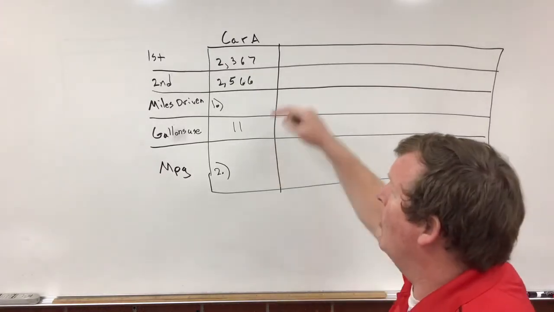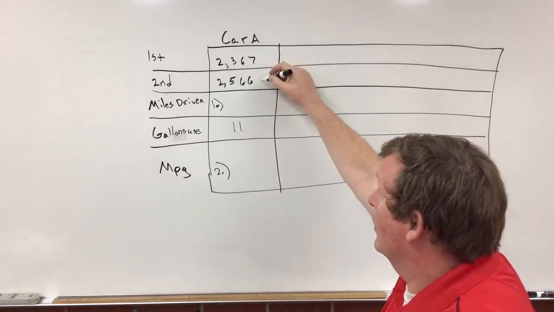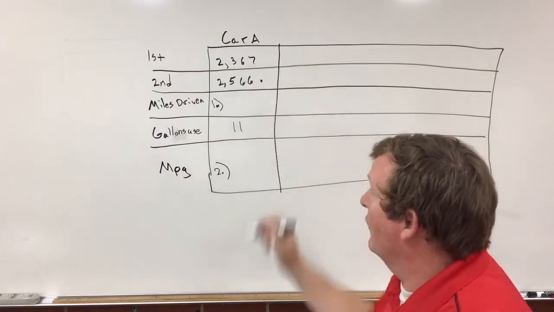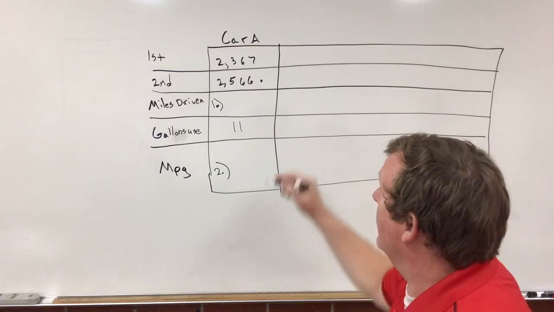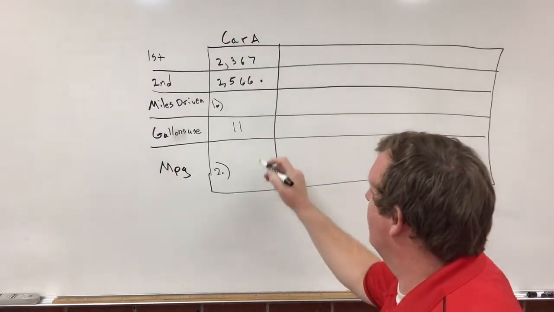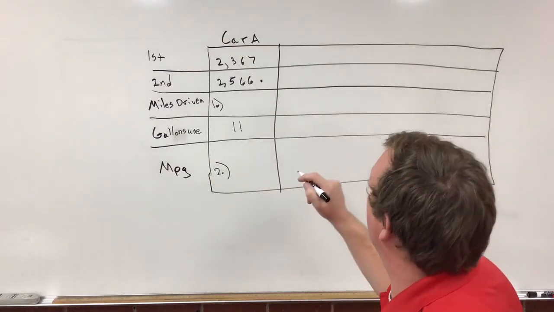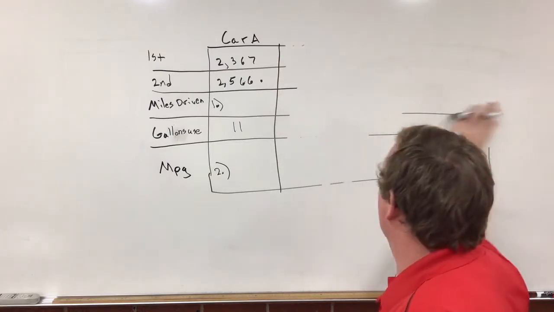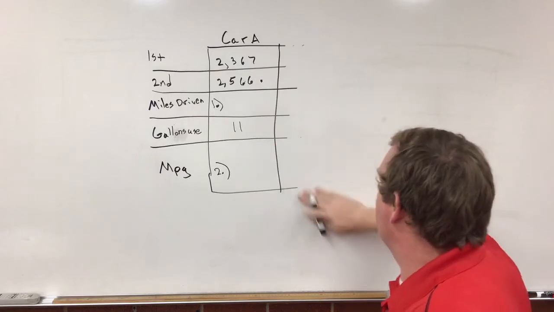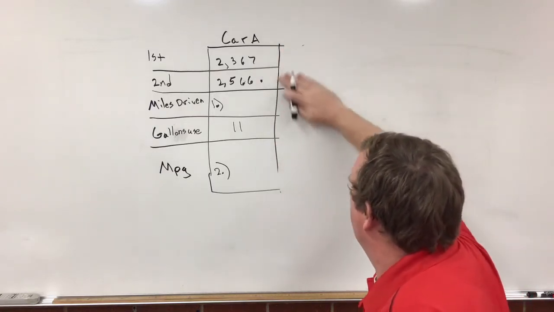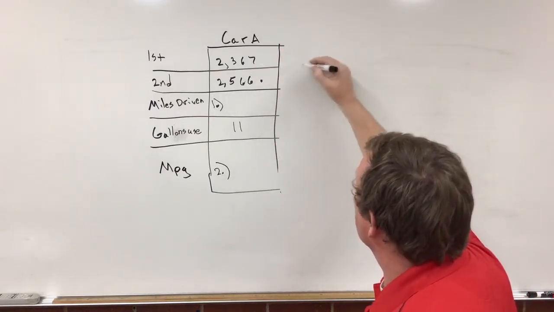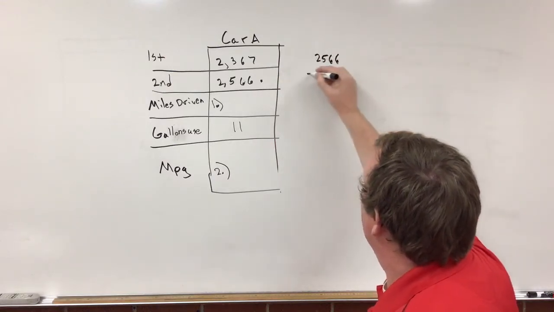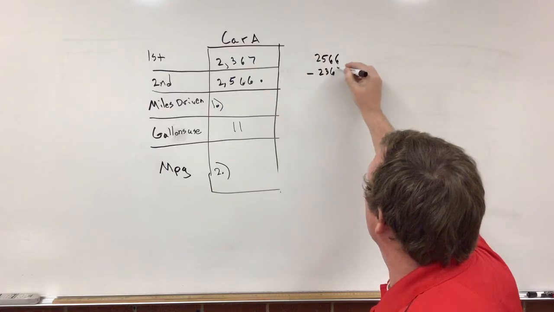So we take the second odometer reading and subtract the first one from it. I'm going to erase the rest of this and practice the first problem with you, and then you can get the rest on your own. We put the second reading down first, and then subtract the first reading.